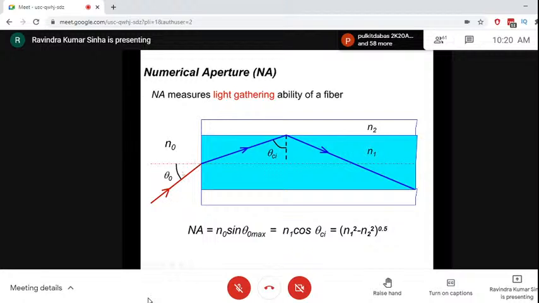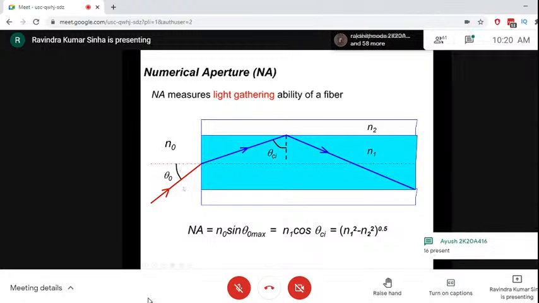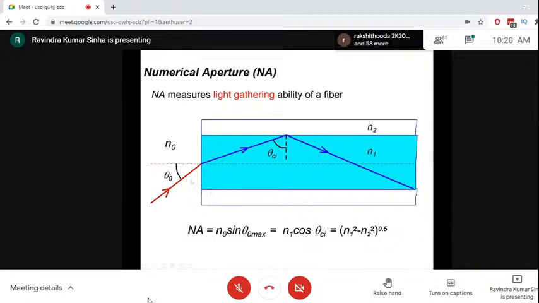If you apply Snell's law at this interface, the refractive index is n0, and this is sine theta 0 max. I am calling it max, but you can call any angle. So this should be equal to this side, n1 sine theta, and theta will be 90 minus theta c, because these two sum to 90 degrees. So sine of 90 minus theta c will be cos theta c.